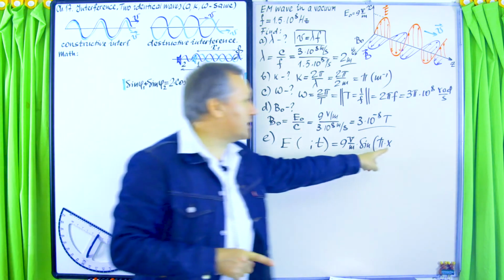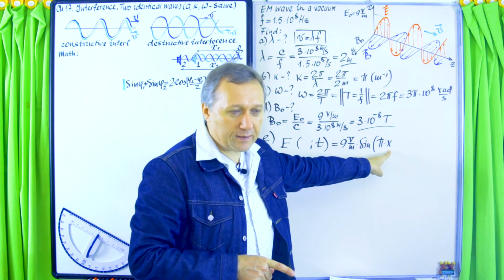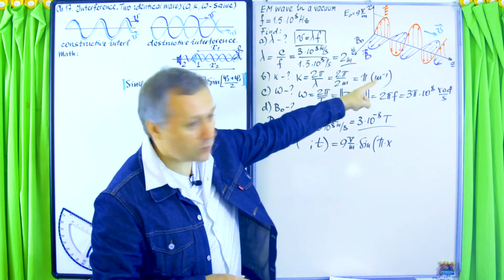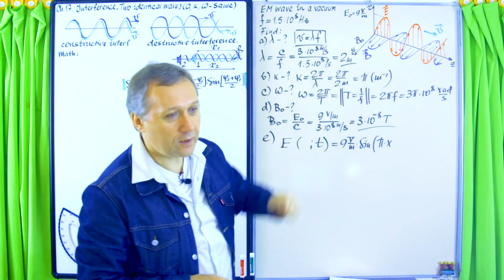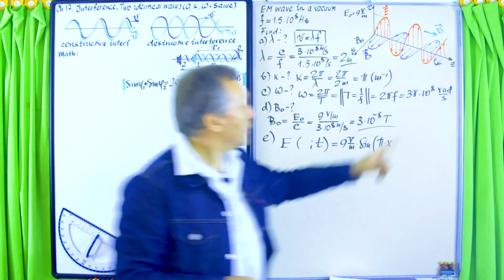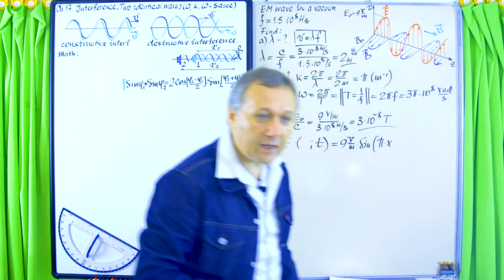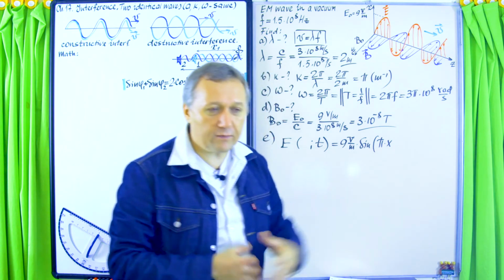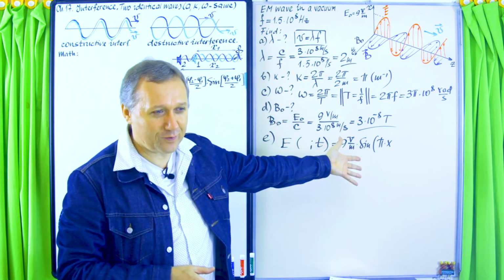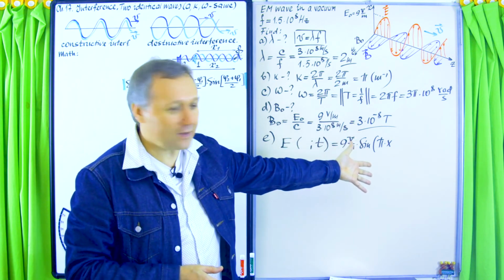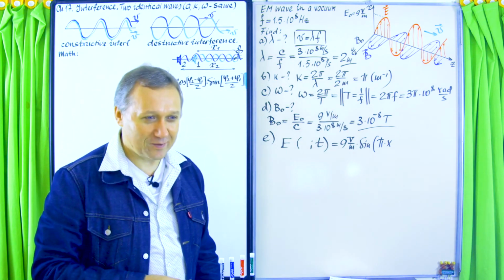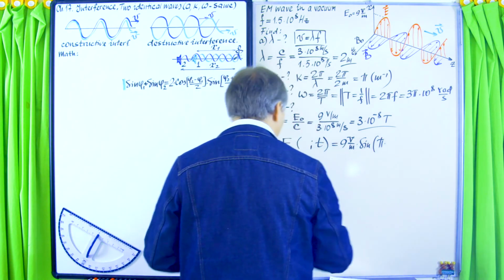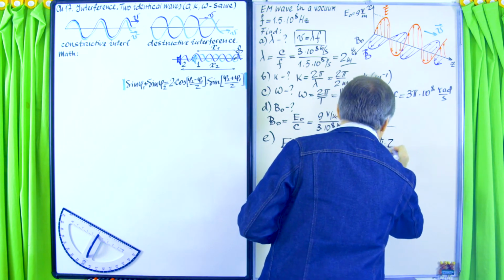Over here, this variable must tell us along which axis the waves propagate. Our electric field wave propagates along the z-axis, so over here must be z. Students develop, and I developed, a strong habit, and I wrote x. No, we have to be careful. x here is not good at all, and here must be z.